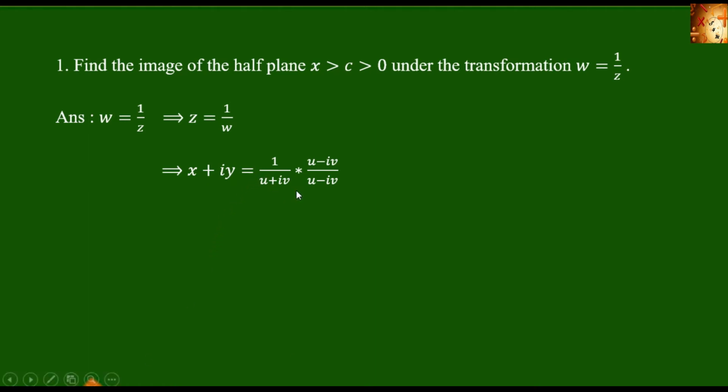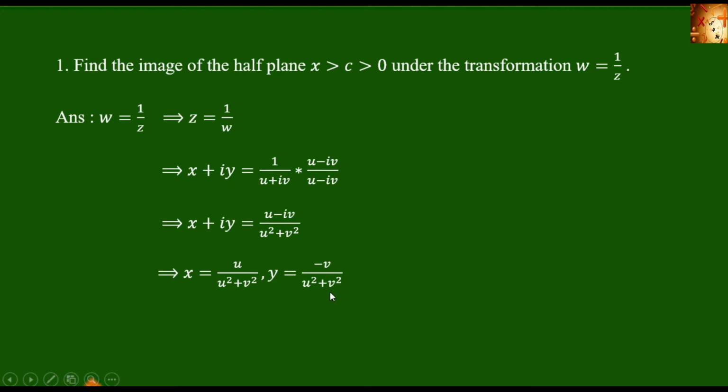So 1 by u plus iv into u minus iv divided by u minus iv. Then after simplification we get x plus iy equal to u minus iv divided by u square plus v square. Then comparing the real part and imaginary part, we get x equal to u by u square plus v square and y equal to minus v divided by u square plus v square.